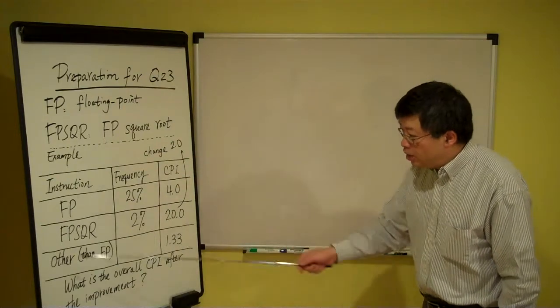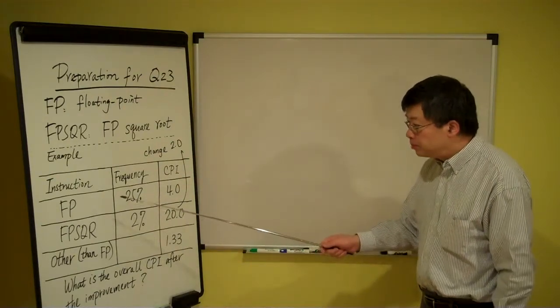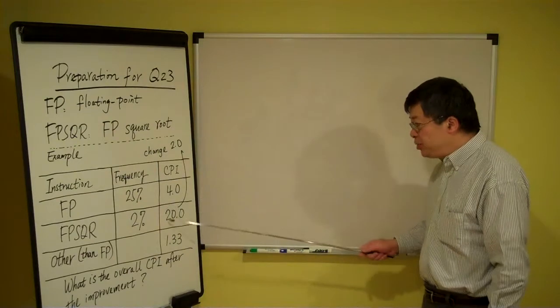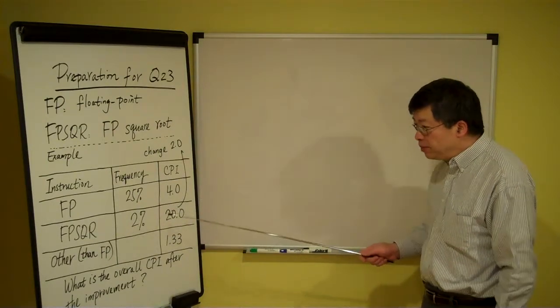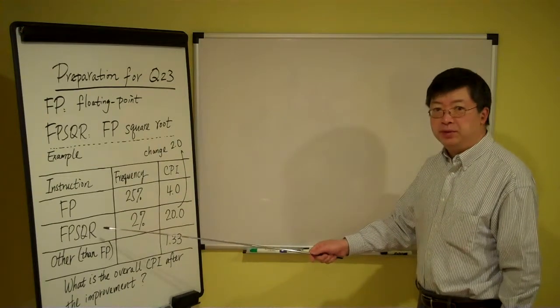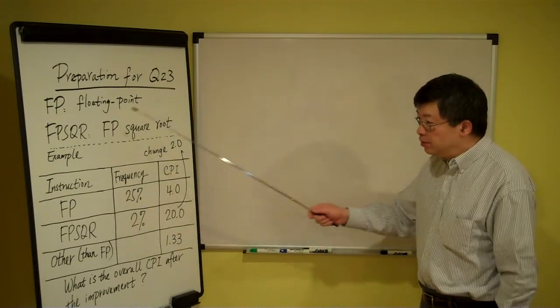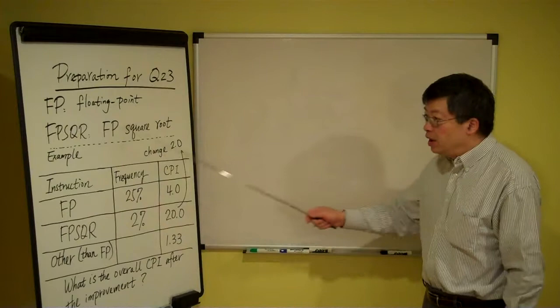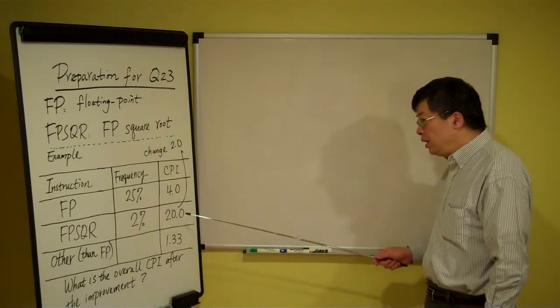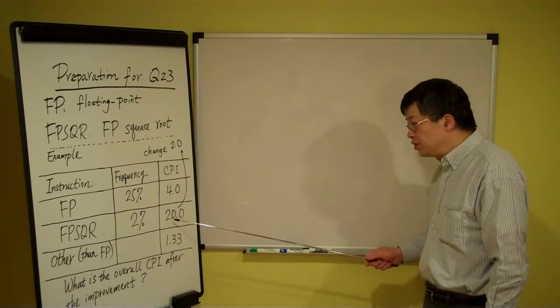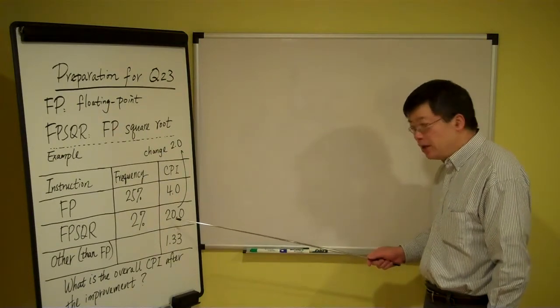So now the question is, because the CPI of FPSQR is too high, that means the performance is too slow. So in order to improve the performance of the whole program, we would like to reduce its CPI.